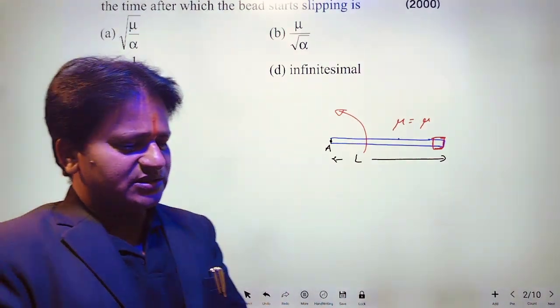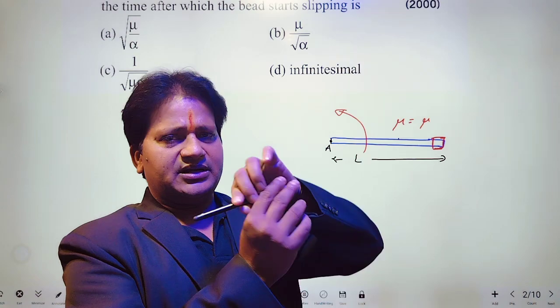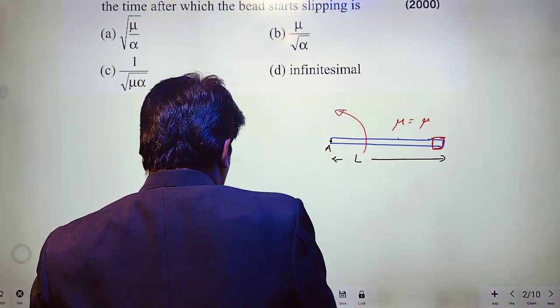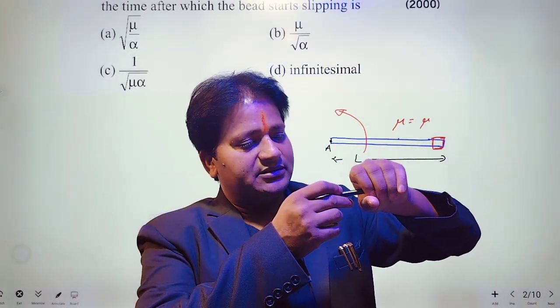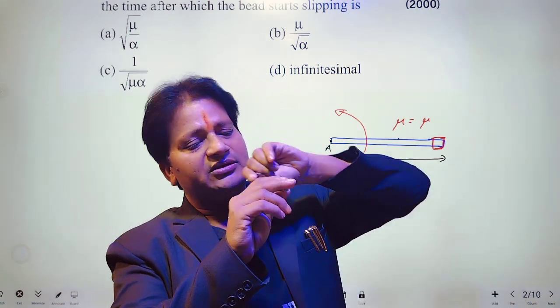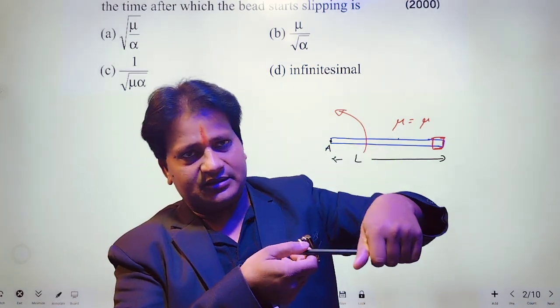Actually this rod is moving in this horizontal direction. Suppose this is the bead and this rod is moving with angular acceleration alpha.